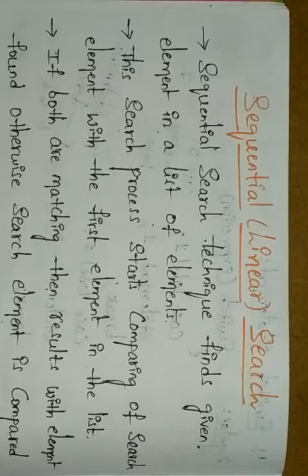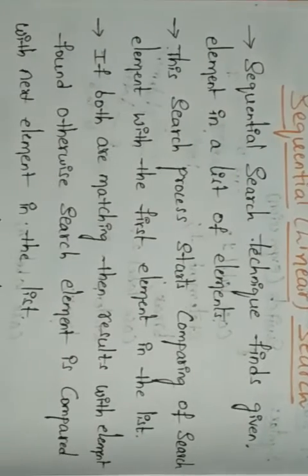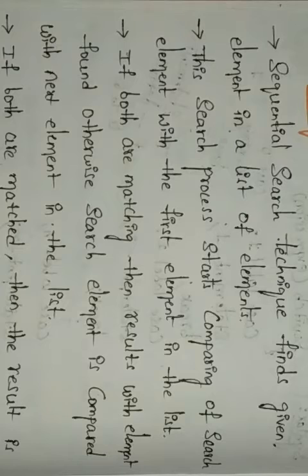If that element matches, the result is element found. Otherwise, the search element is compared with the next element in the list. If the number we chose and the element in the list are matched, it shows that our element is found.